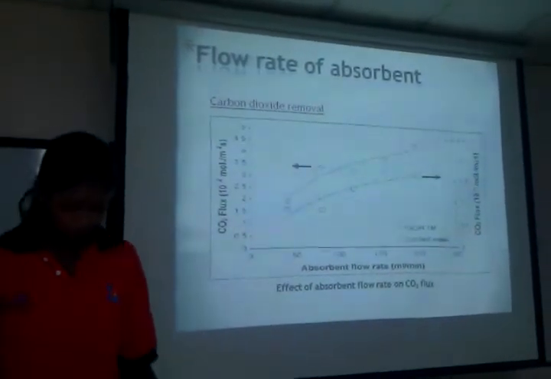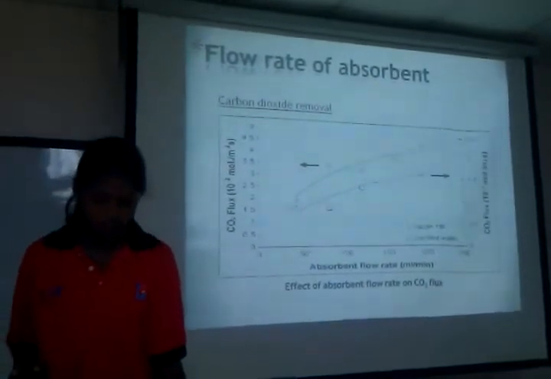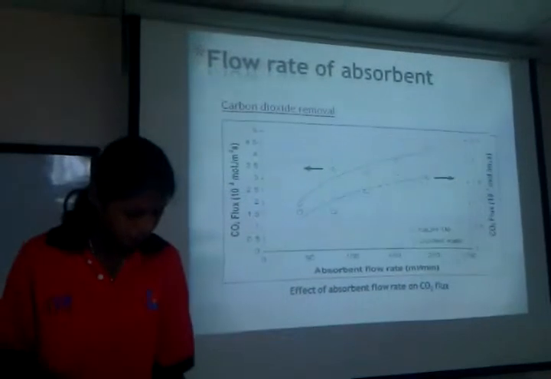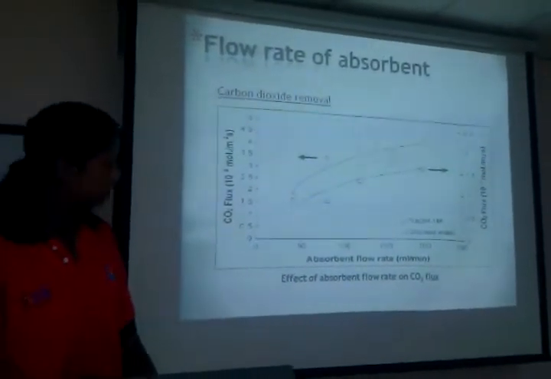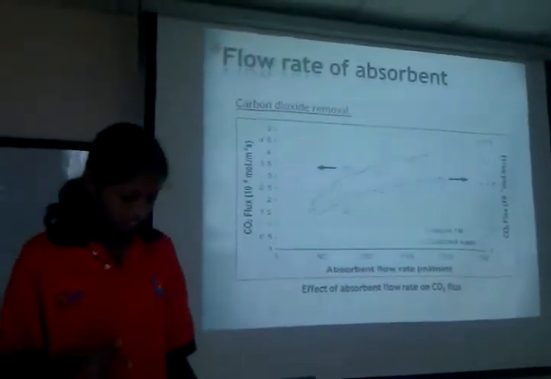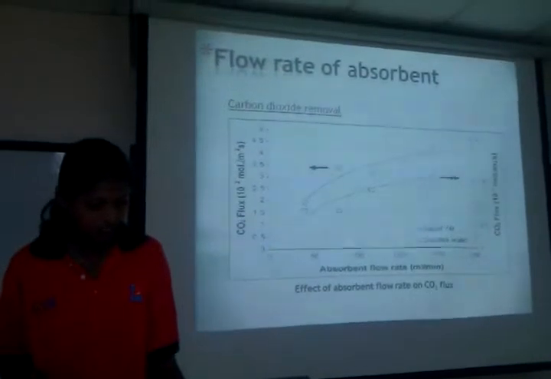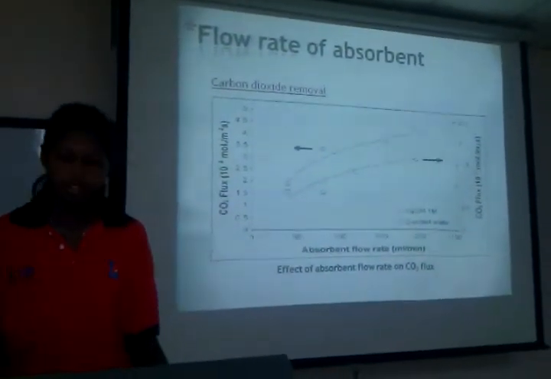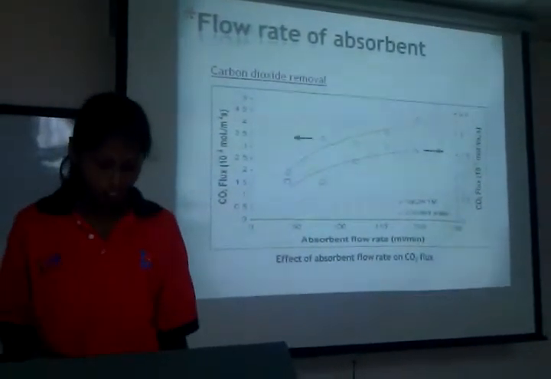According to figure 1, the CO2 flux tends to increase with the increase of flow rate for both absorbents. In physical absorption, mass transfer tends to take place in the film around the gas and liquid interface. This condition favors the reduction of boundary layer thickness caused by high velocity and high mass transfer coefficient.